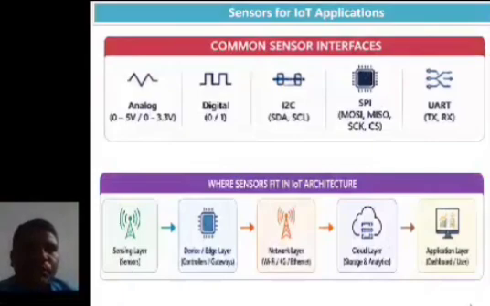Finally, the fifth one is the application layer. Here the user can interface directly with the remaining layers by means of this application layer. So in all these layers, the sensors are the starting point of the entire IoT system. From collecting the data to enabling smart applications, the sensor plays a critical role in every IoT system.